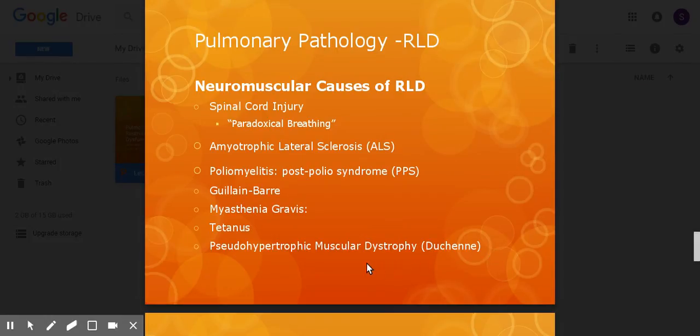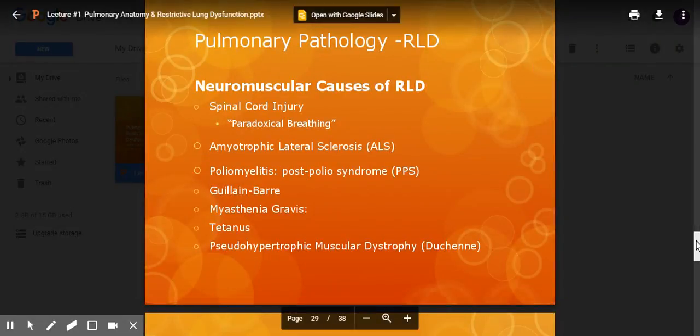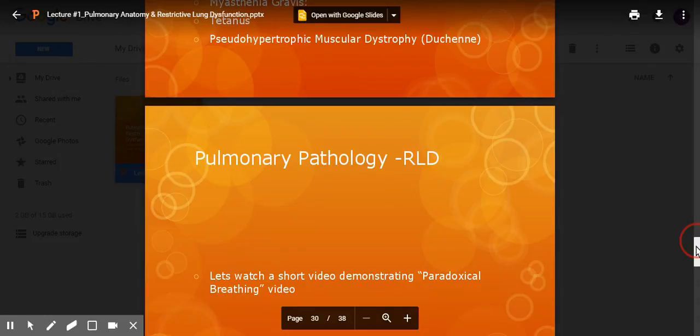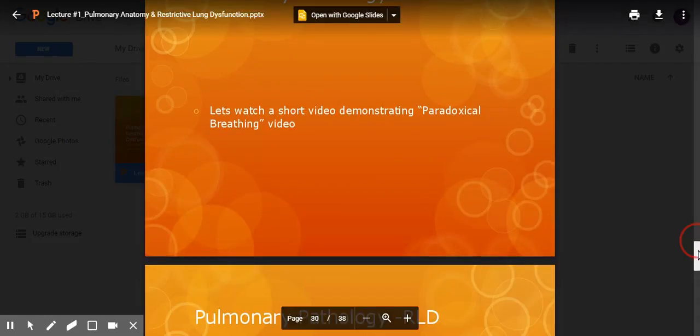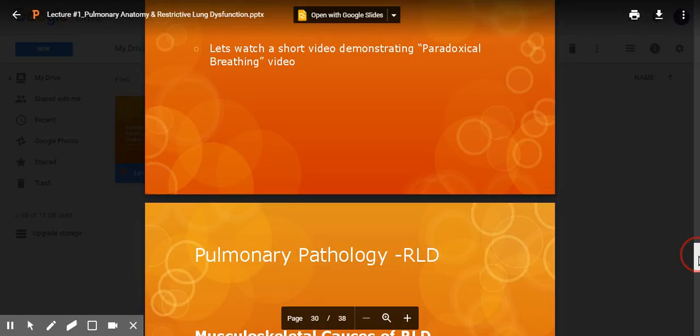So again, a very shortened lifespan for children with Duchenne's muscular dystrophy, and the eventual cause of death is typically the inability to respirate. Okay, again, I had talked about the fact that we want to take a look at paradoxical breathing. We'll do that in class.